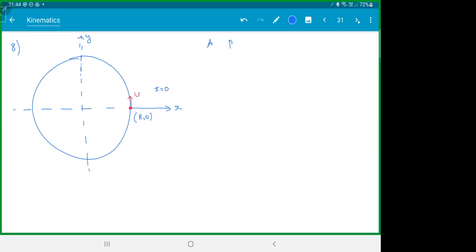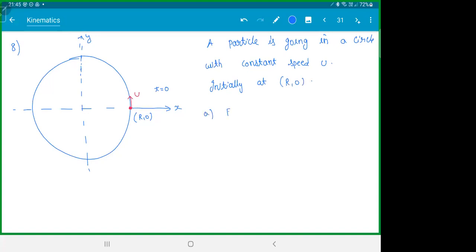A particle is going in a circle with constant speed u. Initially, it is at r comma 0. First thing, the center is the origin of the circle. Radius is r.